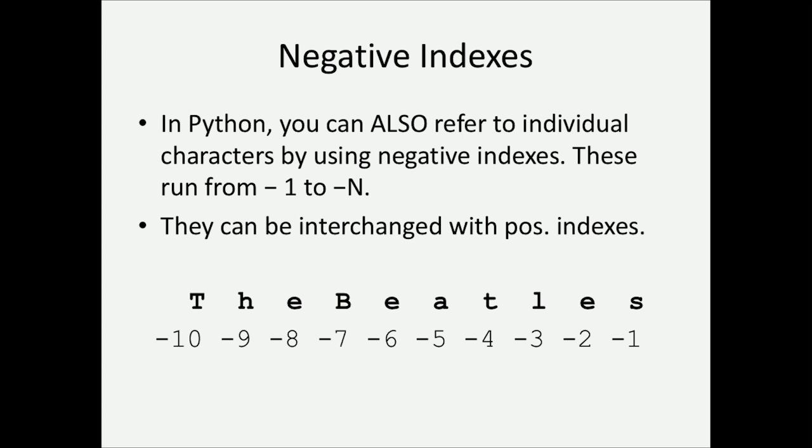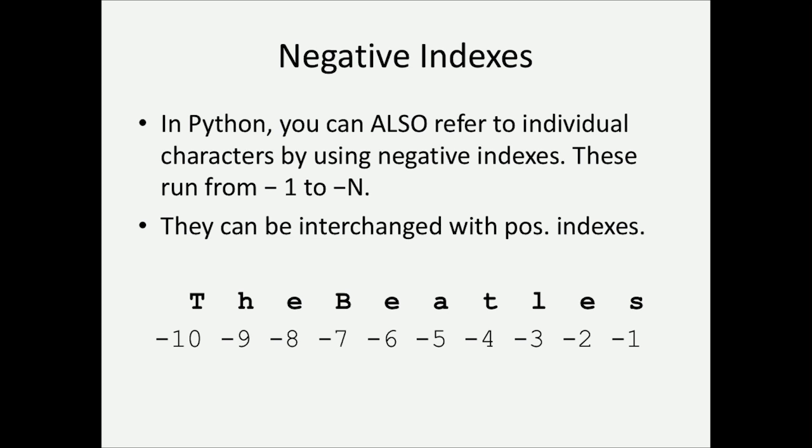Now, a special feature of Python that you will find in very few languages, and this is not something you ever have to use, but you might want to use it, and you want to be able to recognize it in other people's code, is that there is another method for indexing a string, and you can use them interchangeably.